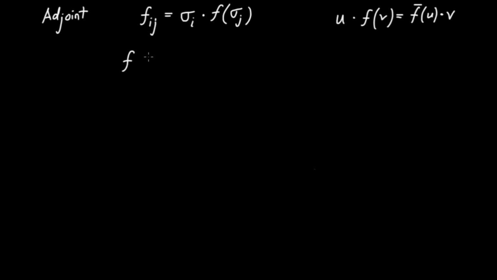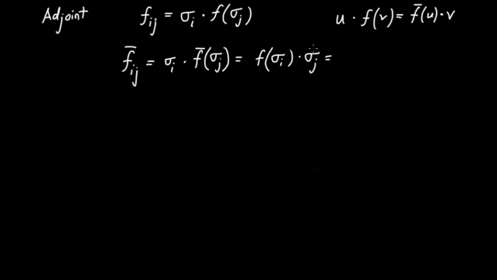What is going to be the ijth entry of f bar? Well, we just use a similar form here. So this is going to be sigma i dot f bar sigma j. But now we just use that property of the adjoint where we can move that over here. That's going to be equal to f acting on sigma i dot sigma j.